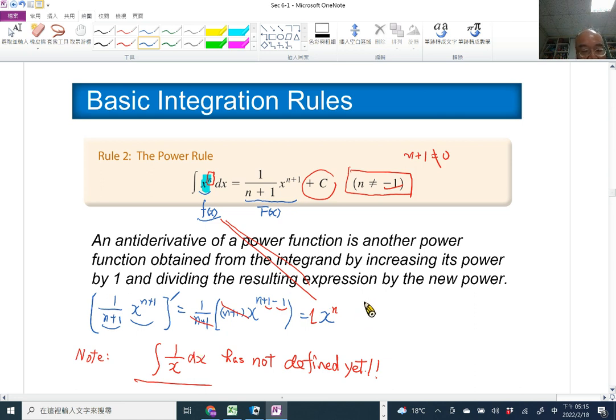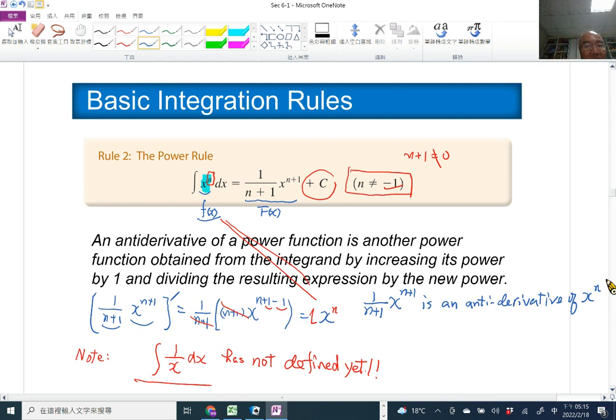So we do find out that 1 over n plus 1 times x to the power n plus 1 is an antiderivative of x to the power n. Okay, and that is the power rule.